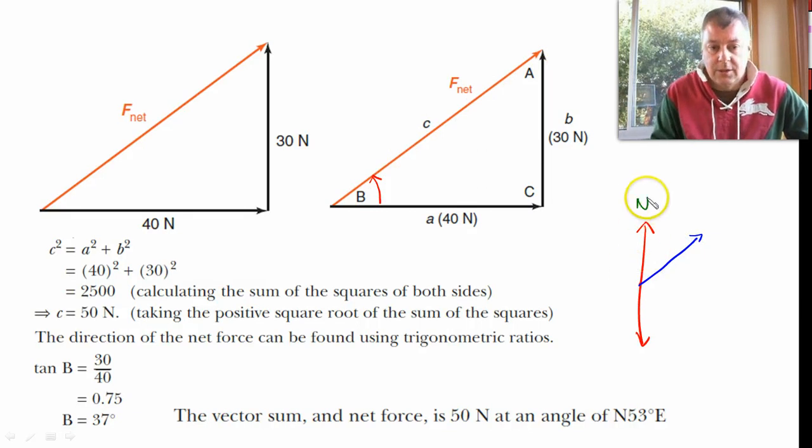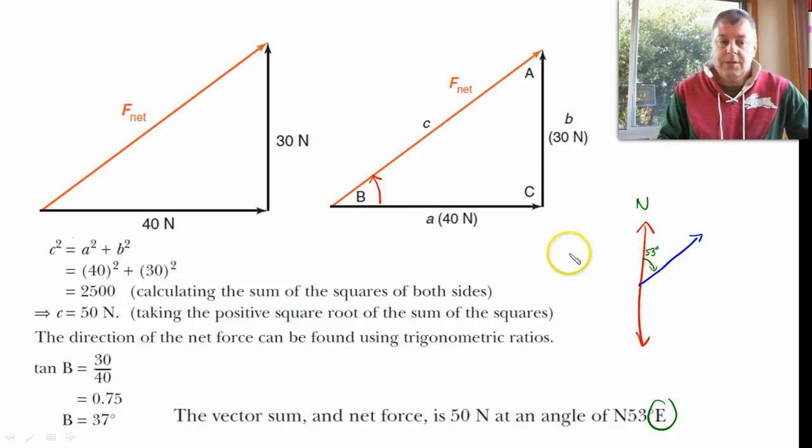So this is north, and so we usually say whether it's north or south as our starting point, and our starting point here in this case is north. We're then told to move to the east, so that's going to be around this way, and we're told in the bearing to move 53 degrees.